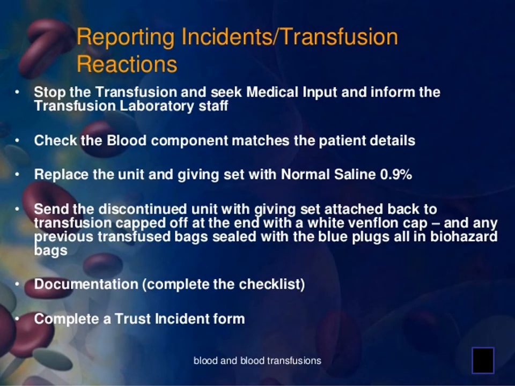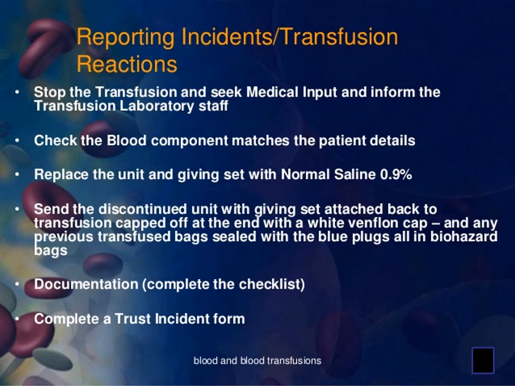If the patient develops any adverse reactions during blood transfusion, the transfusion has to be stopped immediately. As a doctor, you should go to the patient immediately, talk to the patient, and assess the patient's vital parameters. After stopping the blood transfusion, that has to be informed to the blood bank.